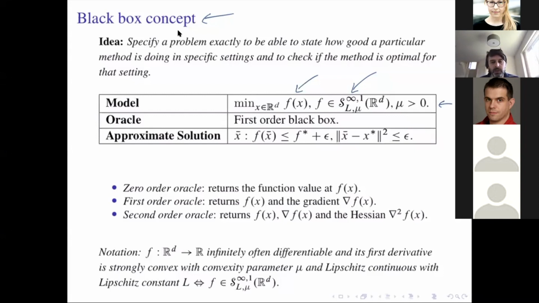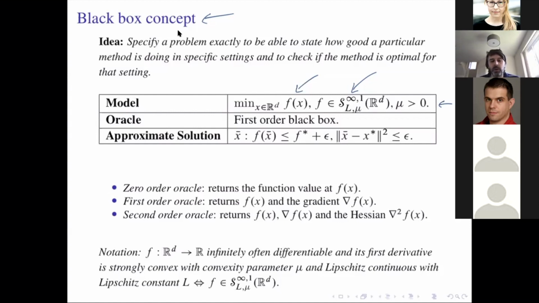Any optimization algorithm which makes use of a zero order oracle could only use the function values themselves and no other information about the function. The idea is that you describe exactly what the algorithm has access to. It can only access the optimization problem through the oracle, and the zero order oracle would only return to the algorithm the function value itself.